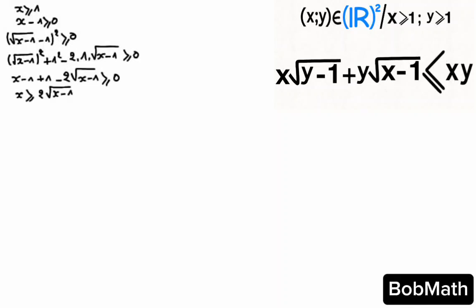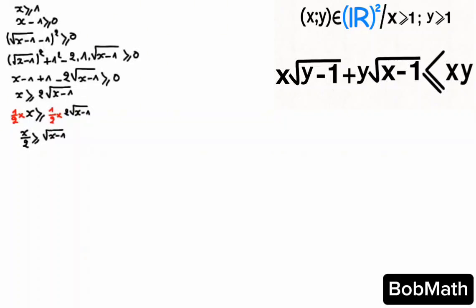Now we multiply the inequality by the number 1 divided by 2. So we get 1 divided by 2 times x greater than or equal to 1 divided by 2 times 2 square root of x minus 1. Now we simplify the number 2, so we get x divided by 2 greater than or equal to square root of x minus 1.